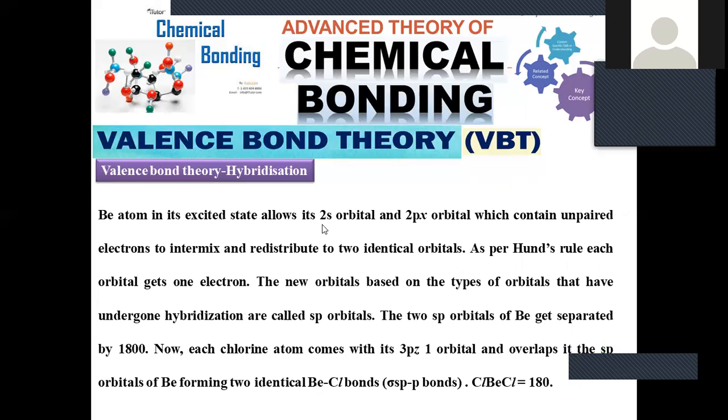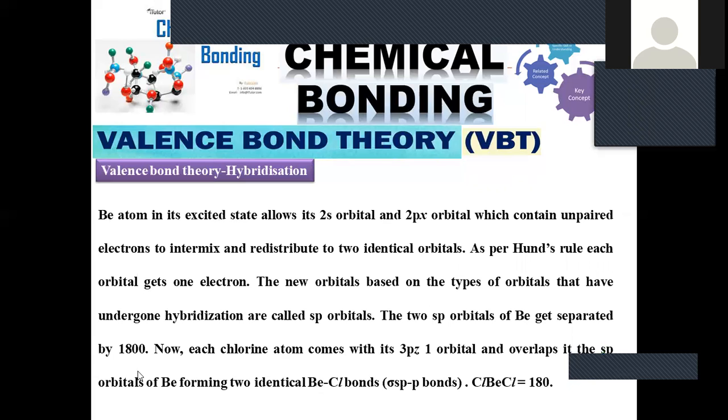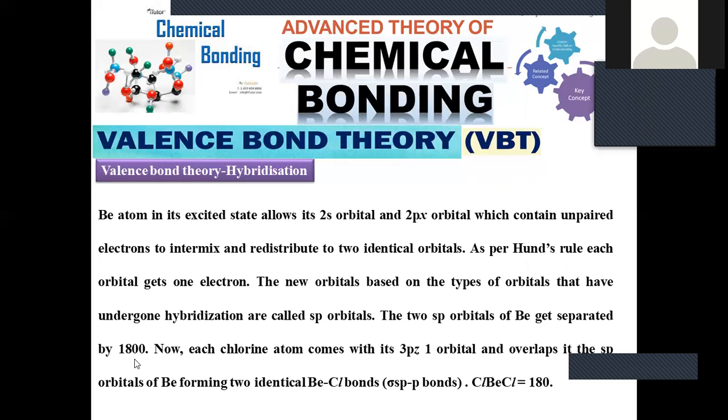That's the reason why, after mixing of the s and p orbitals, one sp hybridized orbital has one electron, and the other sp hybridized orbital has another electron. Based on the type of orbitals that have undergone hybridization, it is called sp hybridization. Here, the two sp hybridized orbitals present on beryllium are separated by a bond angle of 180 degrees. Being linear, the geometry always has a bond angle of 180 degrees.